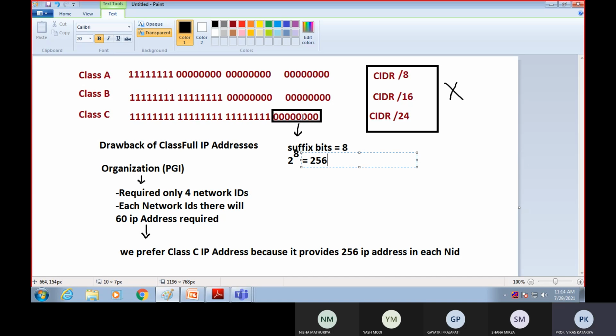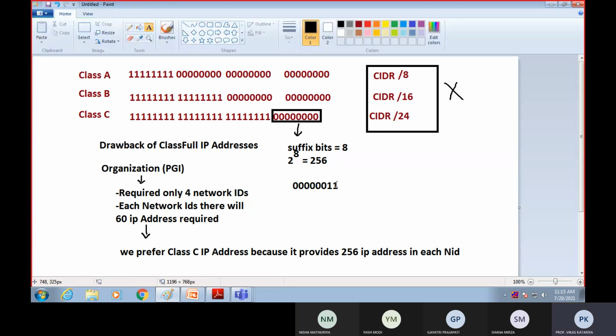Initially, all the host bits are 0, which means no IP addresses are provided by class C. But if we set all 8 bits to 1, then it provides 256 IP addresses. Let's customize it. Suppose the host bits are set to 1, the right 2 bits set to 1. What does it indicate?